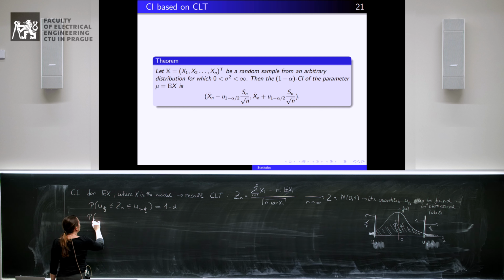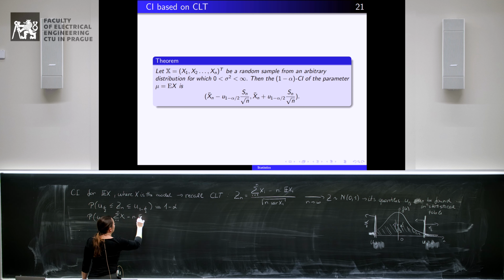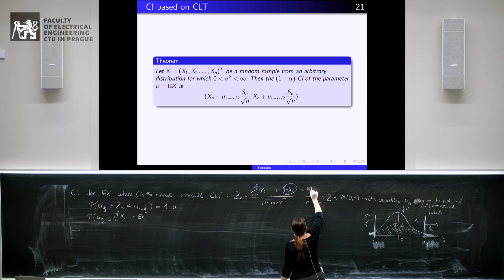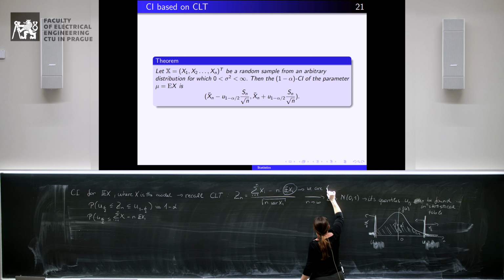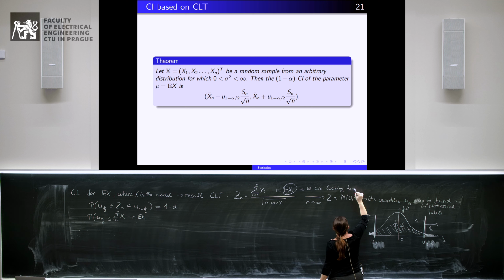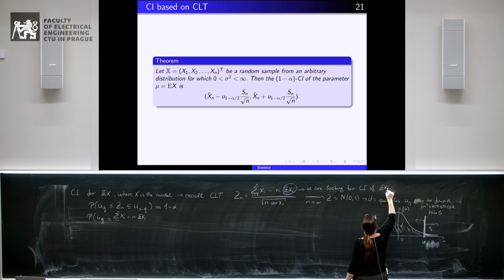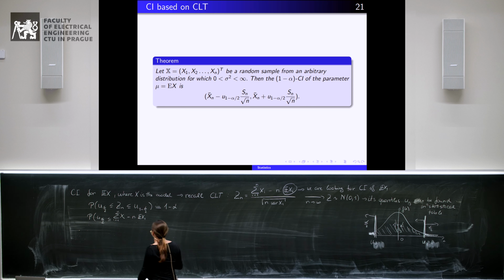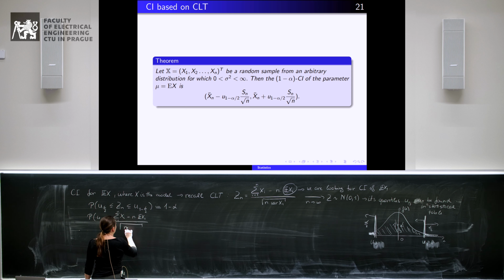Okay, it means that the probability that the sum of X_i minus n times the expected value of X1, which is in fact the parameter we are looking for its confidence interval, over the square root of n times the variance of X1, is less or equal to u_(1 minus alpha half).